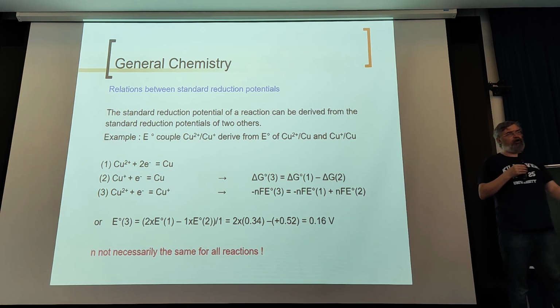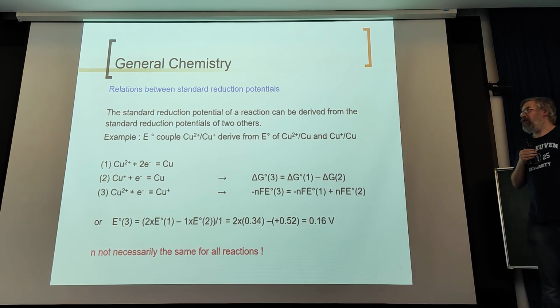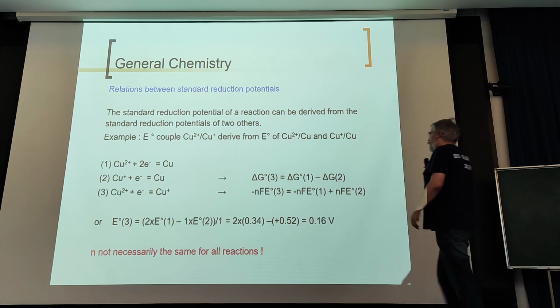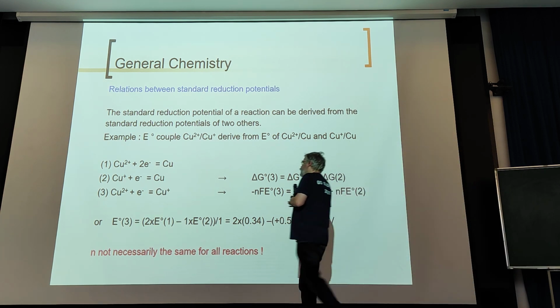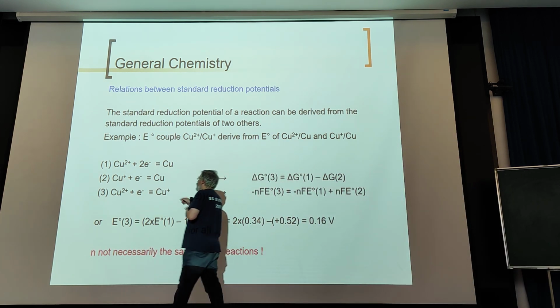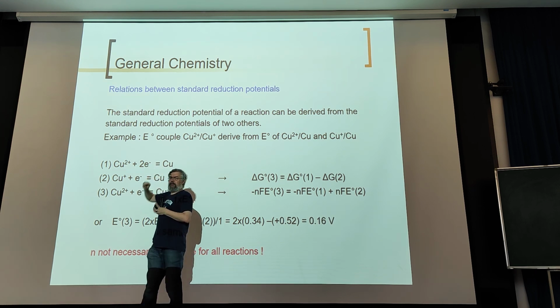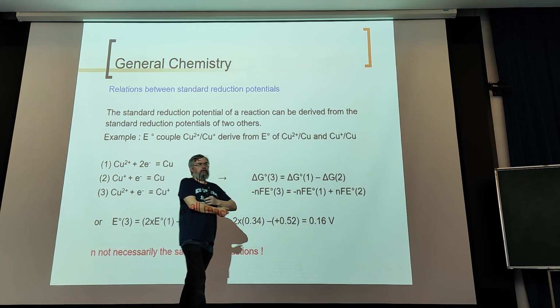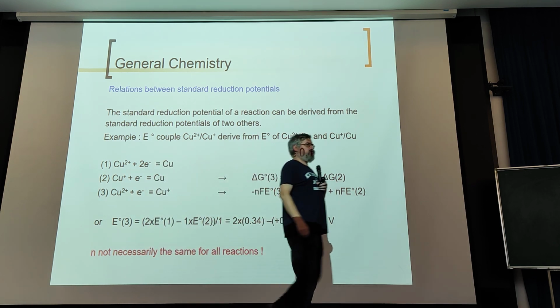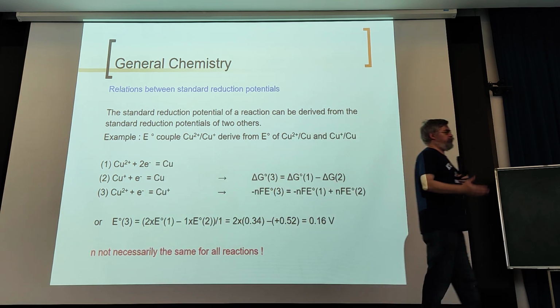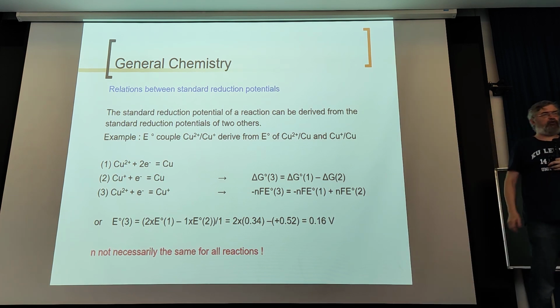So let's look here at different oxidation states of copper. So the one we already know is copper 2 plus, taking up 2 electrons, and that is the half reaction to copper. And this is the most common way to note half reactions, with an equality sign rather than an arrow, to show that it's a half reaction rather than a complete reaction. But okay, this notation is not so important.